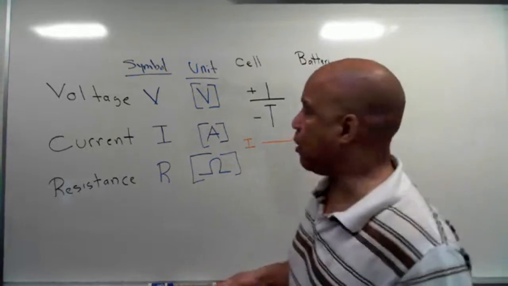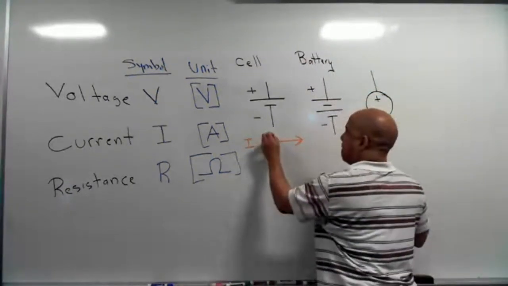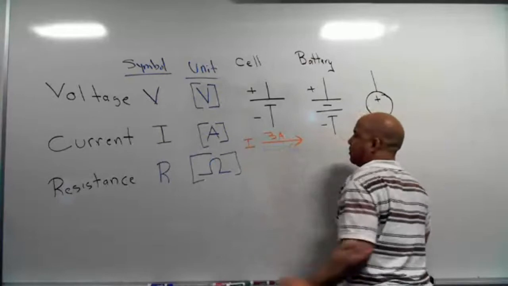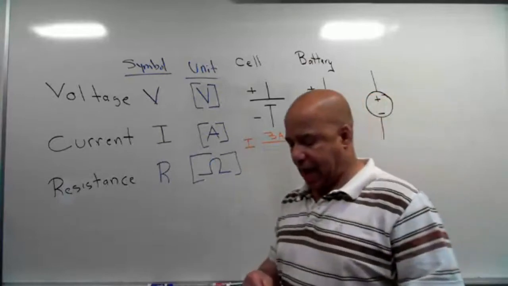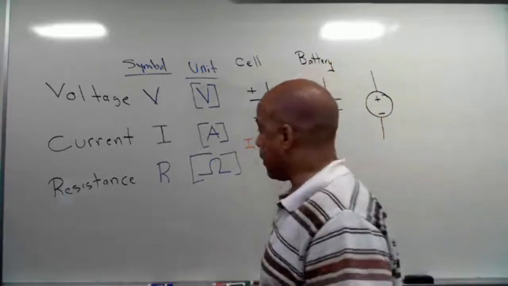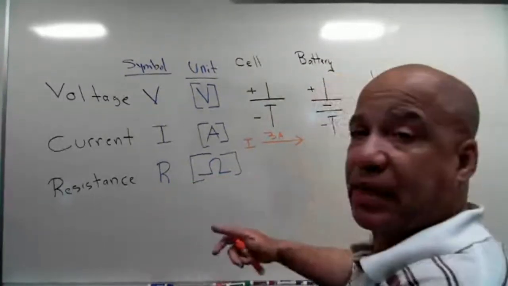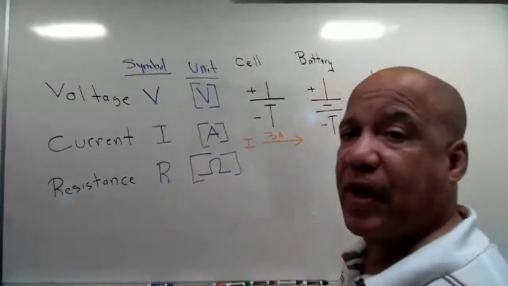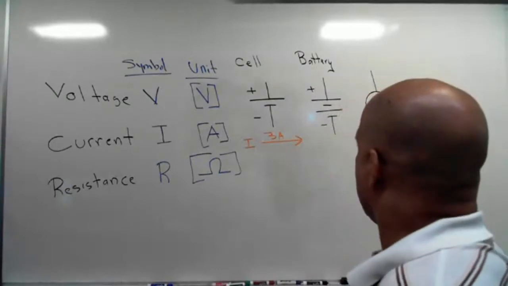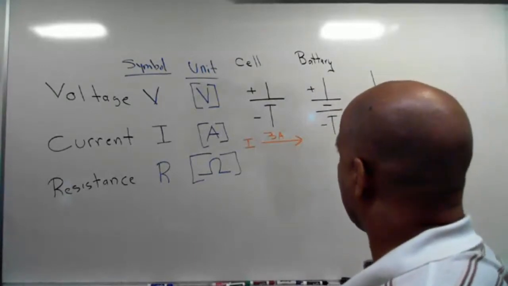So if I have a 3 amp current flowing, I'll just write 3 amps above the arrow. Now I have a few other things I want to talk about in regards to current, but I'm going to wait until I get to resistance, and we put everything together. There are 2 different kinds of currents I want to talk about, and then we'll get into the lecture for tonight.